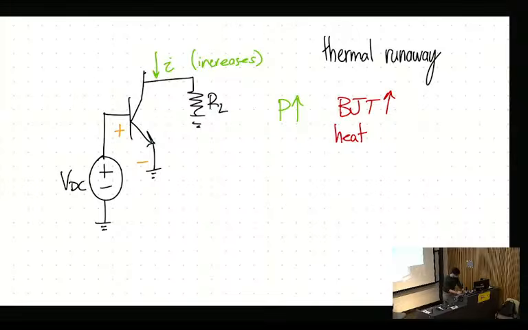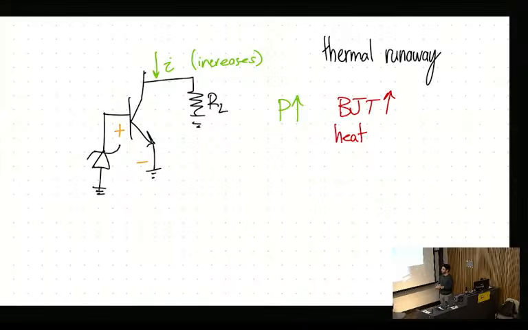So a better way, and it'll make more sense maybe with some context, is to usually use something like a Zener diode, right? Does anyone know why a Zener diode might be better? So a BJT kind of has self-regulating mechanisms.